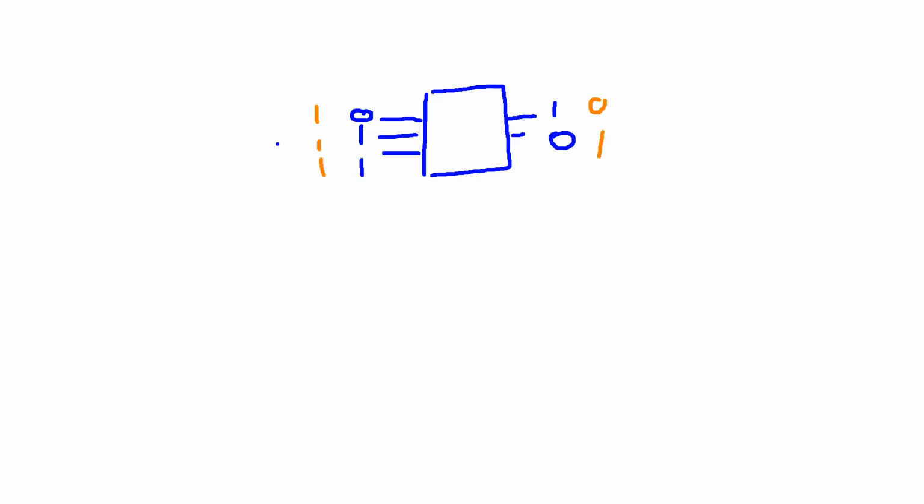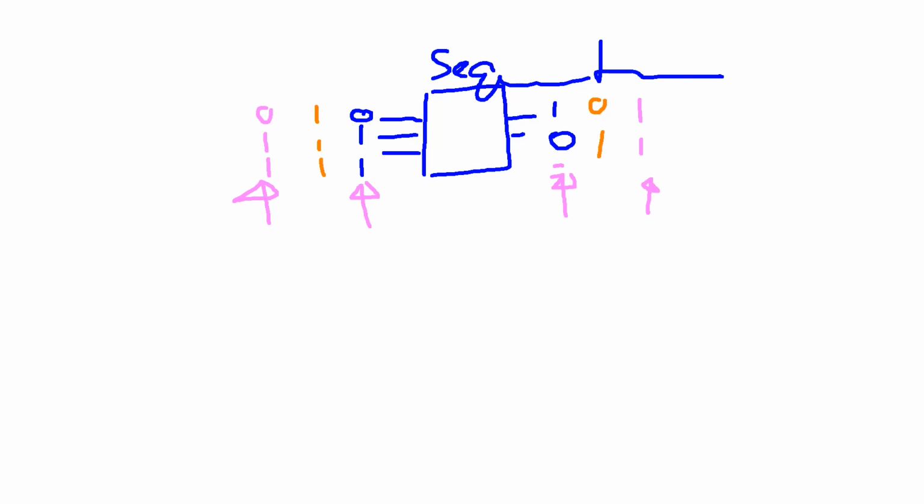When you apply 0, 1, 1 again, now the output may be 1, 1. Same input value, but the output may be a different value. This kind of circuit is not conventional, but sequential circuit. Okay, one more example.